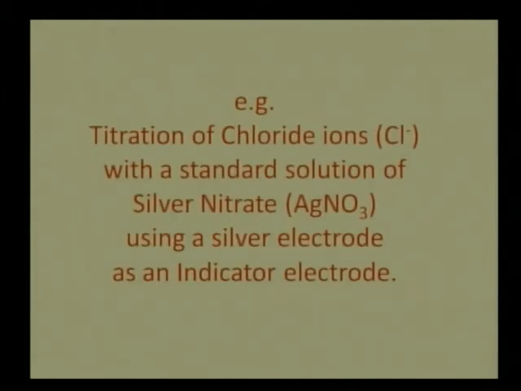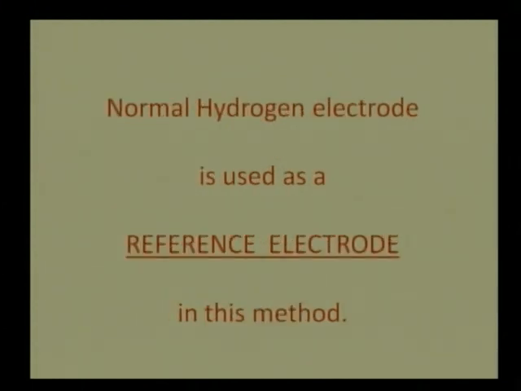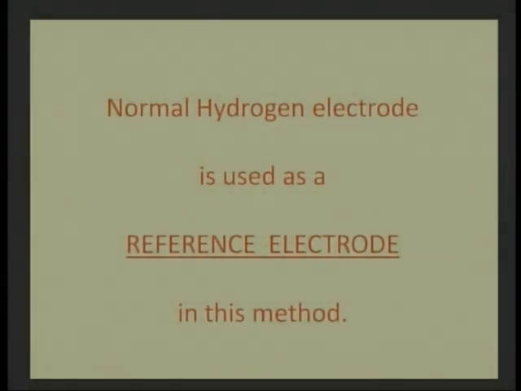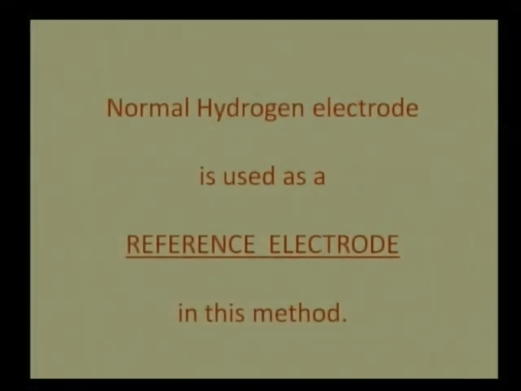As an example, titration of chloride ions with a standard solution of silver nitrate, that is AgNO3, using a silver electrode as an indicator electrode, and a normal hydrogen electrode as a reference electrode in this method. In precipitation titration, when we add AgNO3 solution from the burette into the NaCl solution, slowly and gradually precipitation forms.